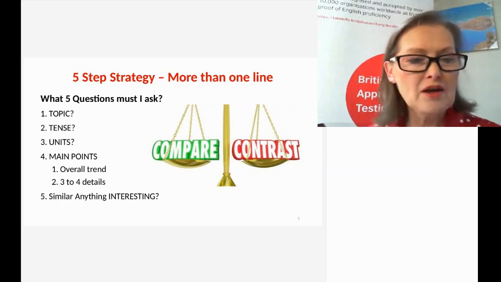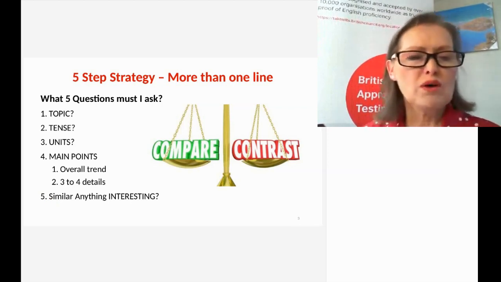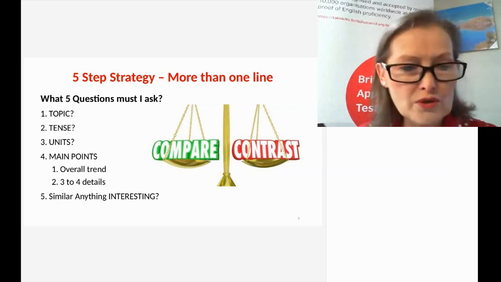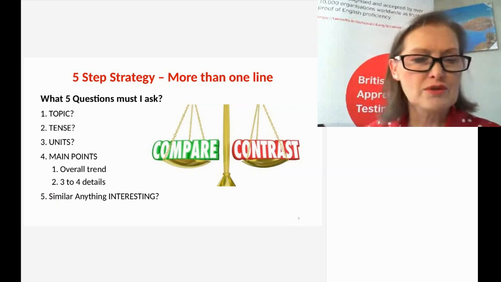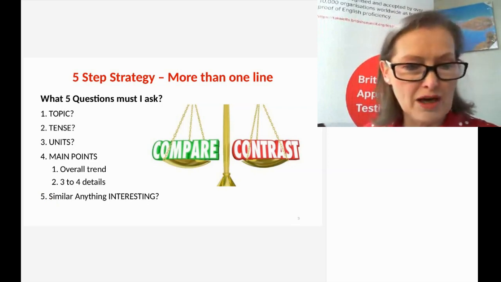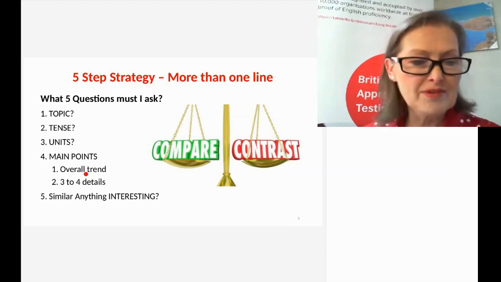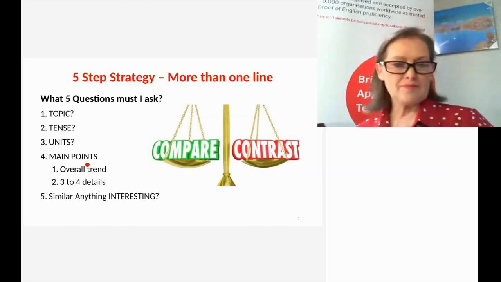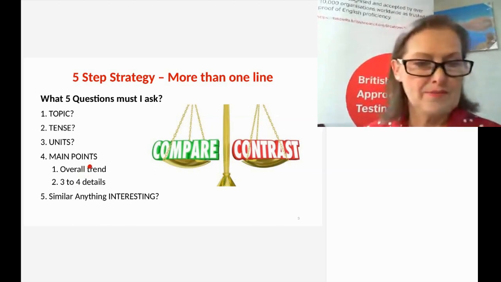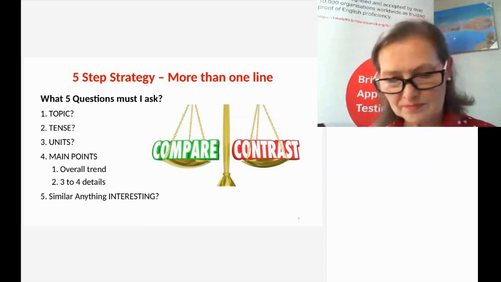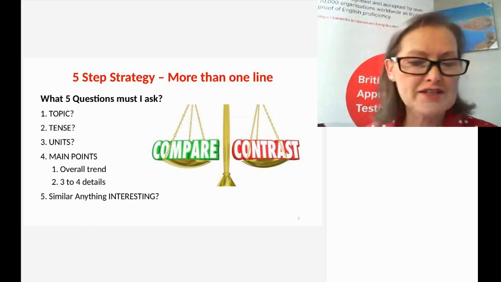And then question number 4, what are my main points? So I'm looking for an overall trend, and I'm looking for 3 to 4 details to write about, more detailed information that I can compare. And then I can ask myself, is there anything interesting that I can end my essay with?